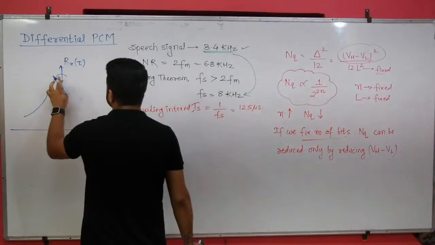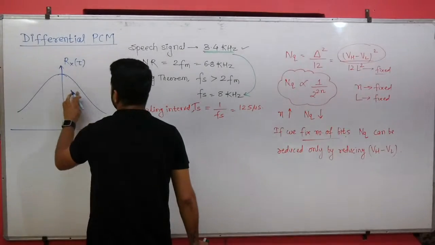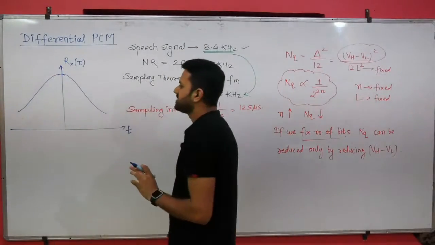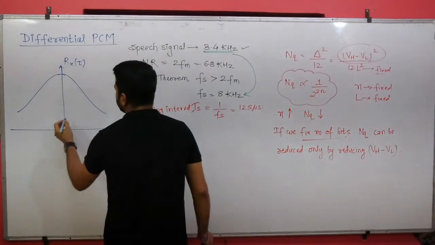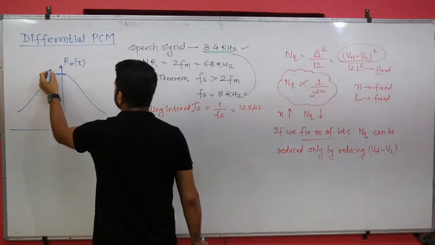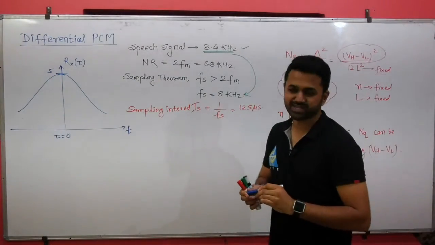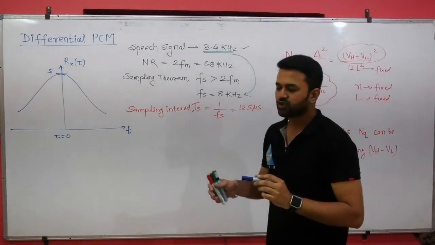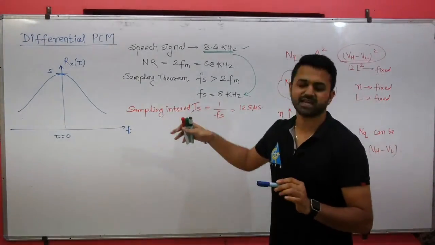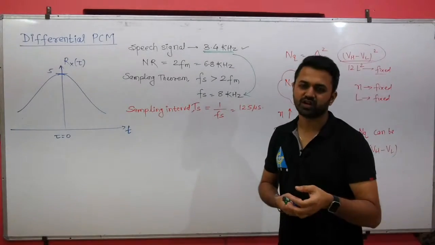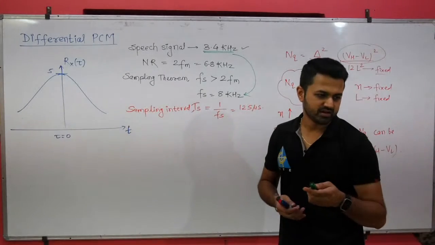The autocorrelation tells us that the speech signal is highly correlated. How can we say that? At tau equal to 0, we get its maximum value, say 5. We are assuming that value. The autocorrelation of the speech signal has been found to have a shape like this because it is highly correlated and doesn't change very frequently.